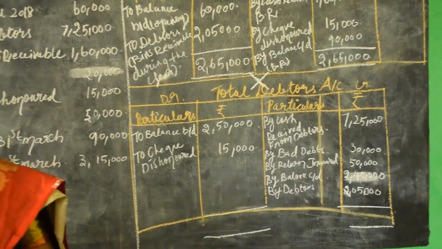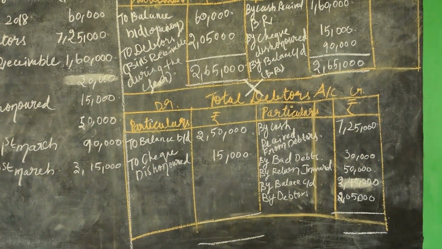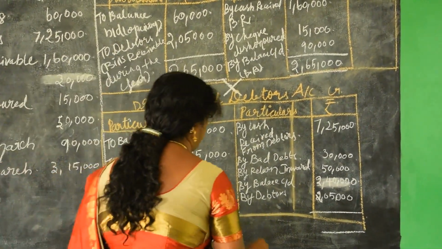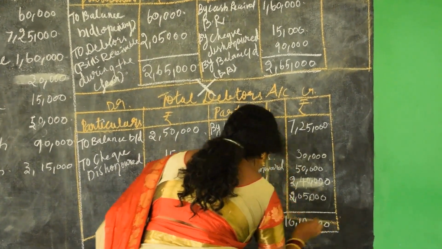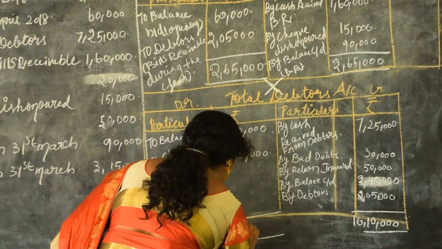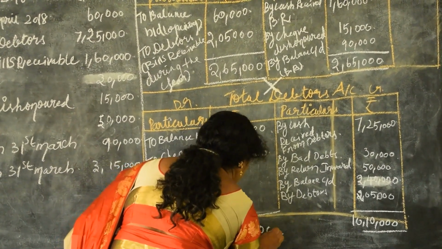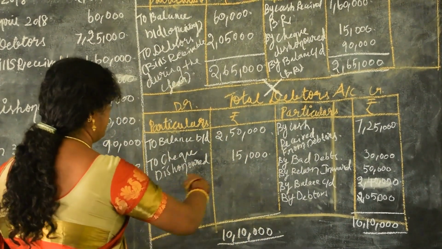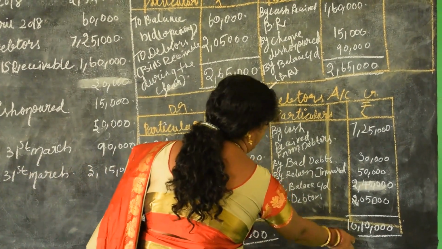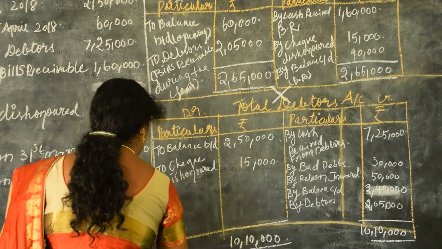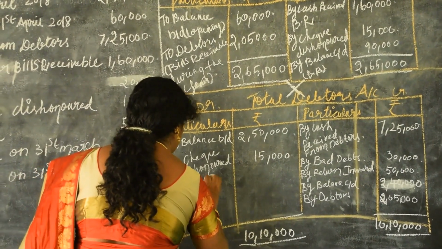So total the values. You will get 10,10,000. On the other side you get 2,65,000. The difference is the credit sales.